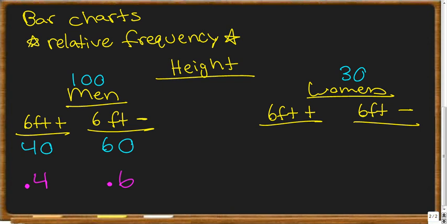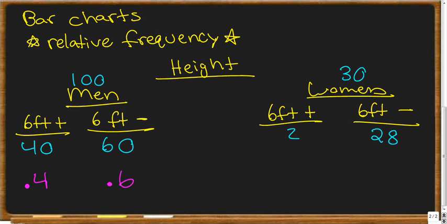Now, for the women, let's say we had 30, and we had 2, again, not very many tall women, maybe 6 foot or over. So we had 2 and we had 28. Well, if we just look at these numbers without taking into account that there's a huge difference between the 30 and the 100, we have to make sure to use our relative frequency because that's going to matter quite a bit for us.